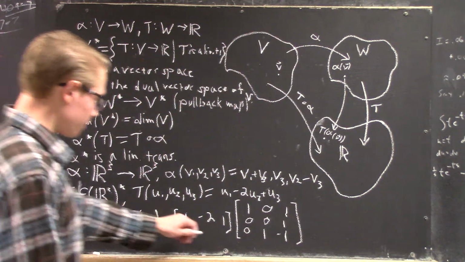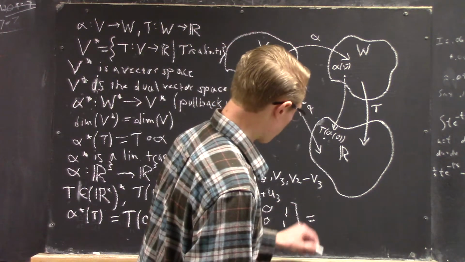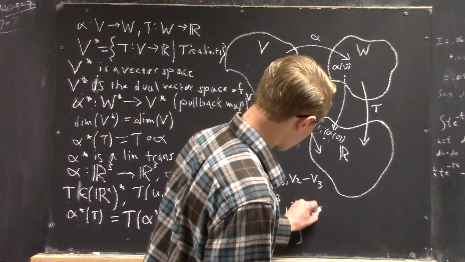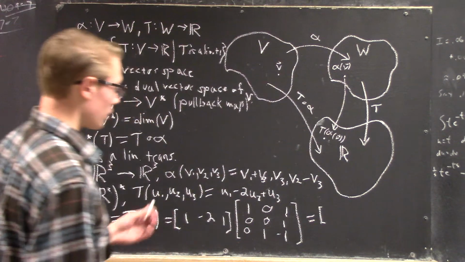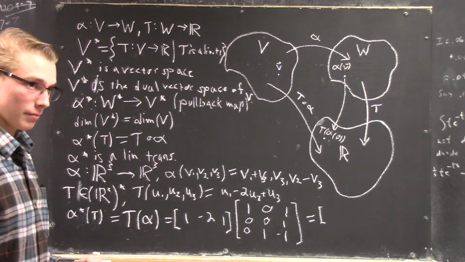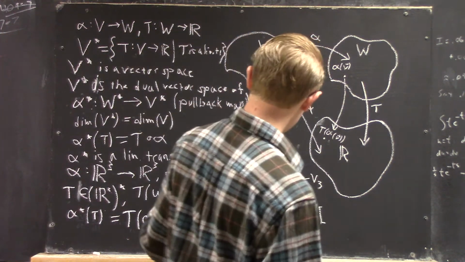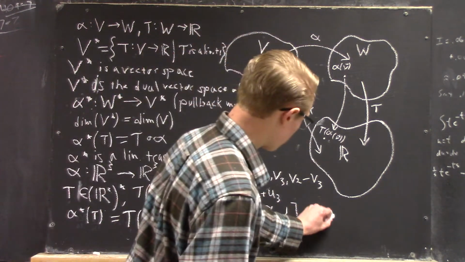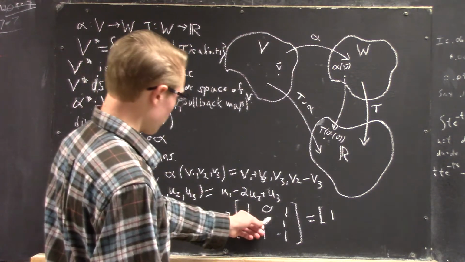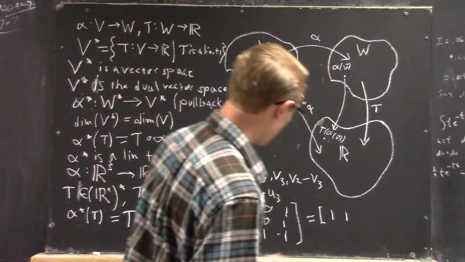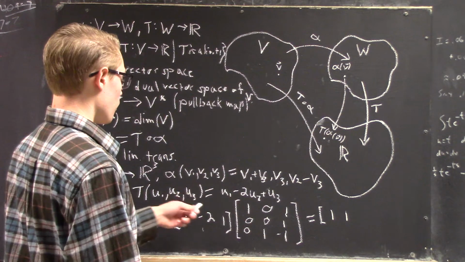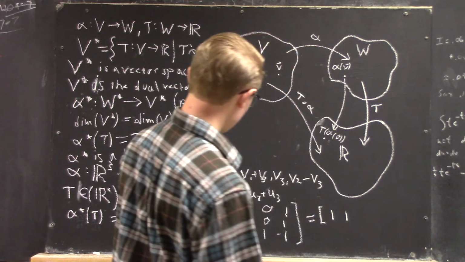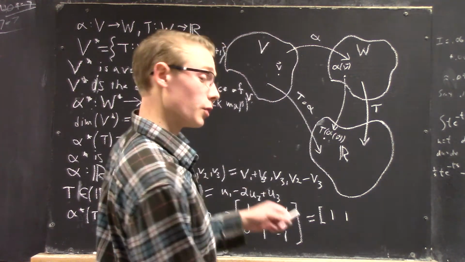By performing the matrix multiplication, what we will get is, of course, also a 1 by 3 matrix, whose first entry will be 1, the second entry will also be a 1, and the third entry will be, let's see, a negative 2.